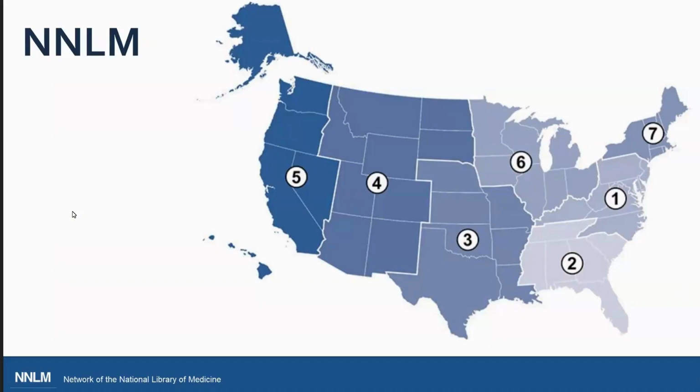We are the education and outreach arm of the National Library of Medicine. We work regionally, getting to know communities on the ground and helping those communities serve the people they know best. As I mentioned, I'm with Region 7, which is New England and New York, but wherever you are joining us from today, there is a region that covers you.